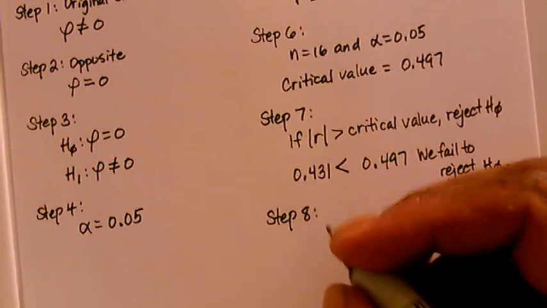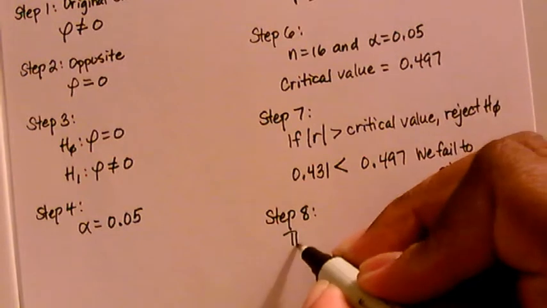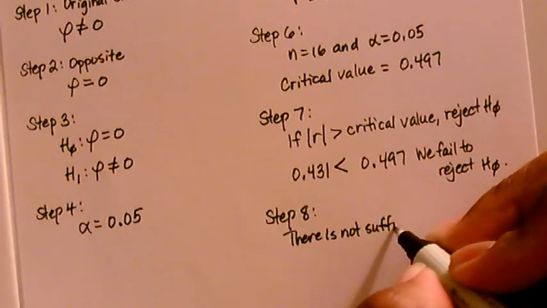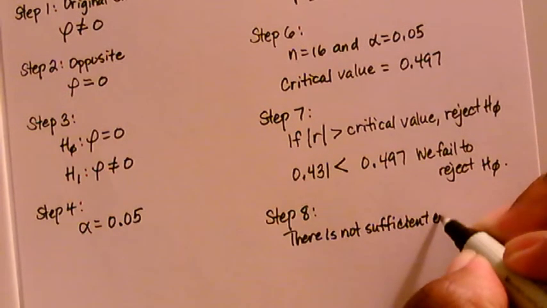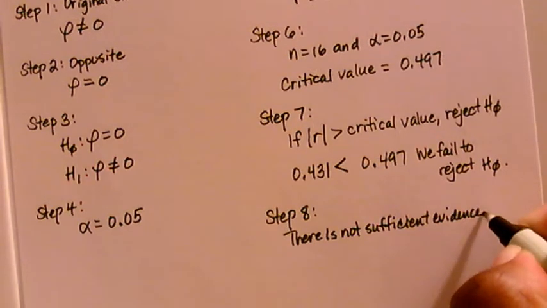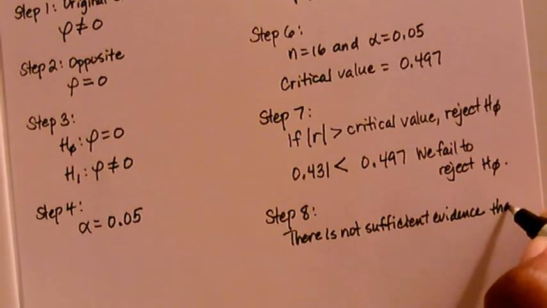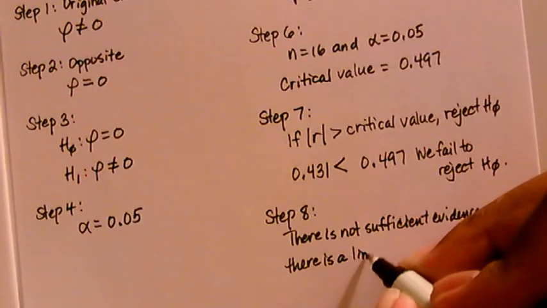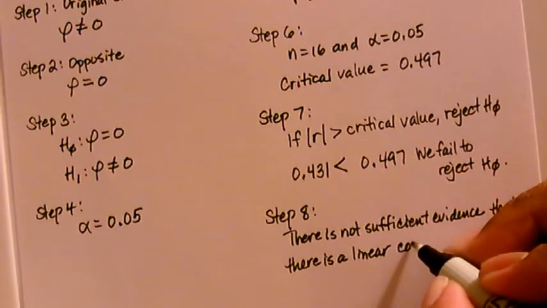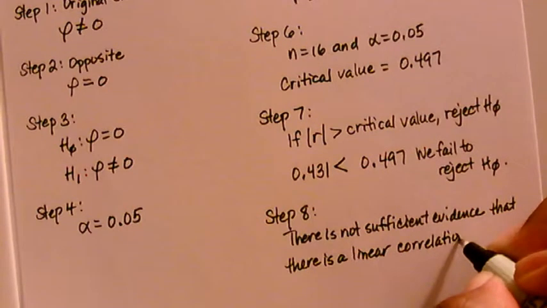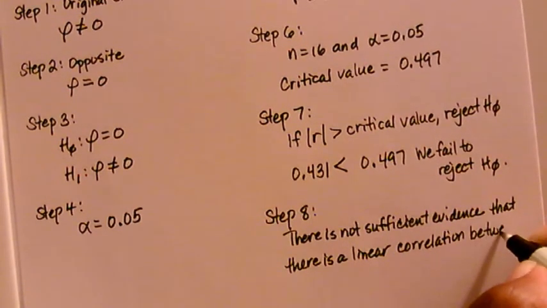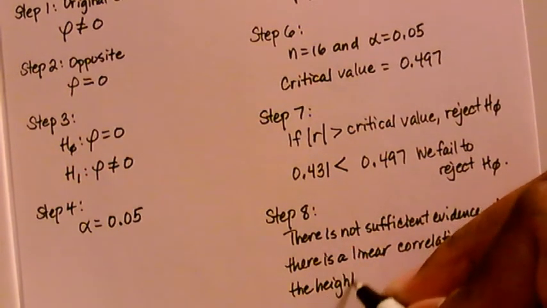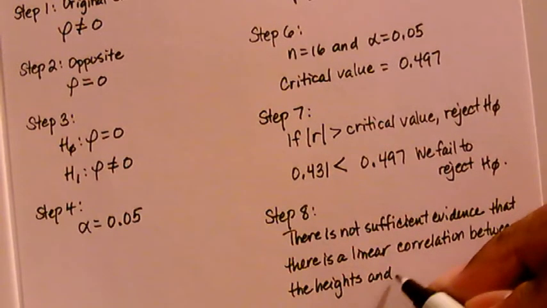In this case, we say that there is not sufficient evidence that there is a linear correlation between the heights and pulse rates of women.